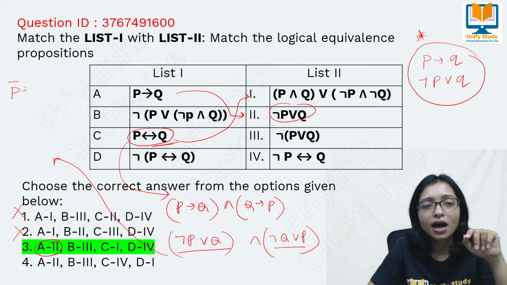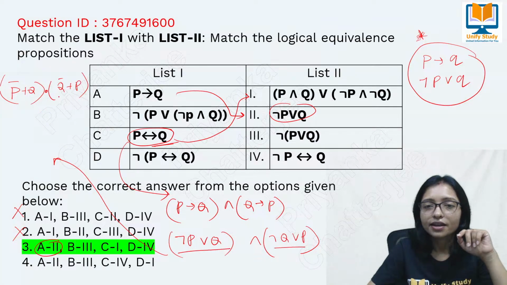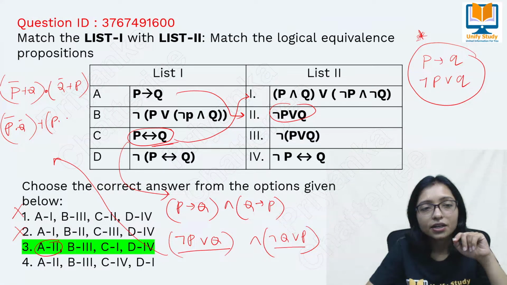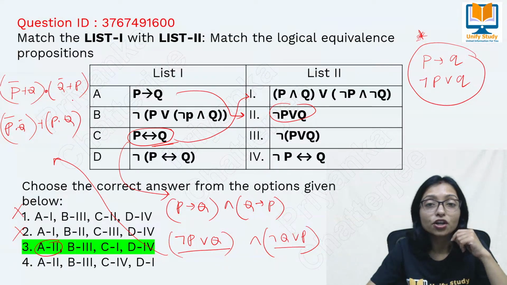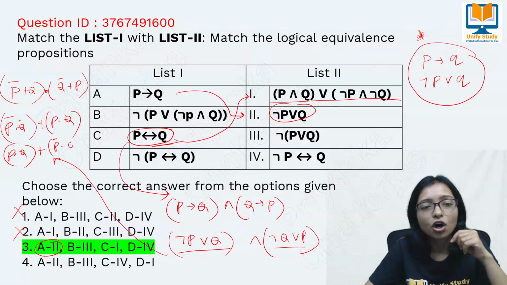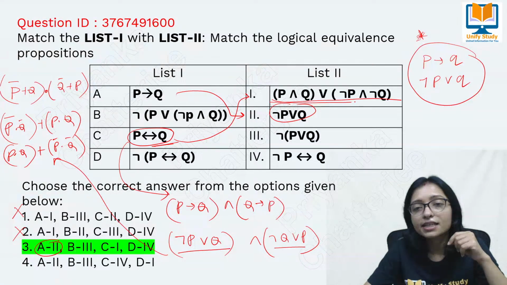It is P bar plus Q dot Q bar plus P, right? This one I can write like P bar dot Q bar plus P dot Q. Can I write it or not? That is only we have written. This is the same thing, P dot Q plus P bar dot Q bar.